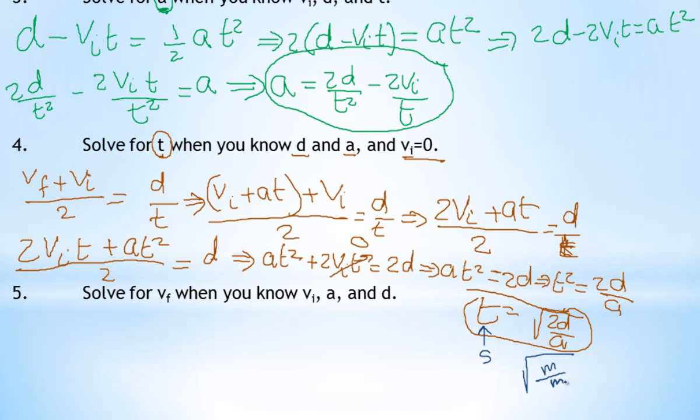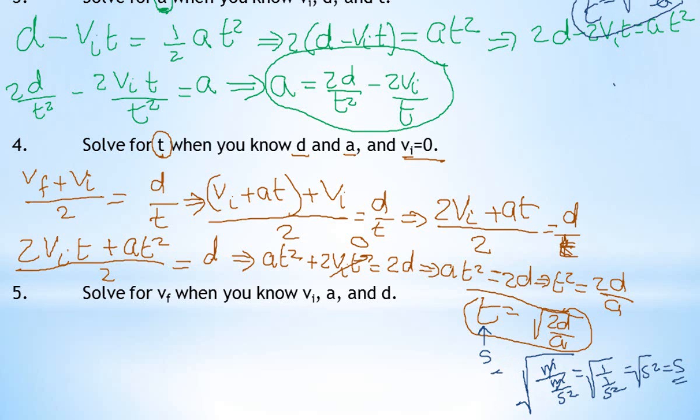Acceleration is meter per second squared, and all that is under the square root. So here meter will cancel out with meter, so we have the square root of 1 over second squared. That's the square root of second squared, and that's second, so that's exactly the unit of the time. That's only in the case of the initial velocity equal to 0.